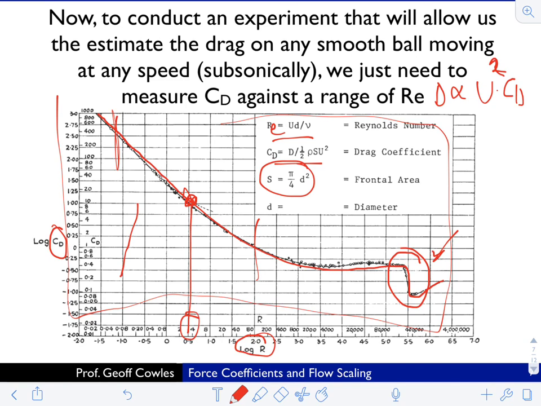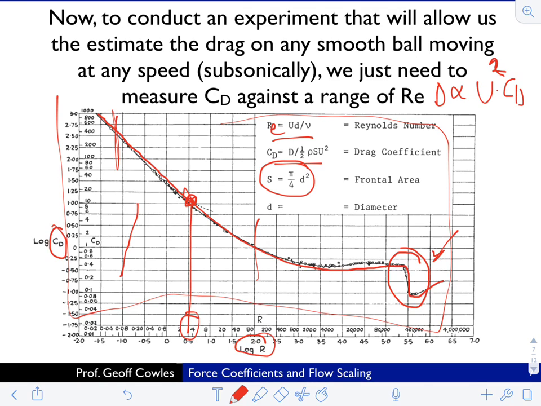You take that drag coefficient and then you dimensionalize it using your velocity, your cross-sectional area, your density, and you have your drag. And that came from the single study of smooth spheres against the one parameter that controls their drag. You can use this for any application, which is really where the power comes in.